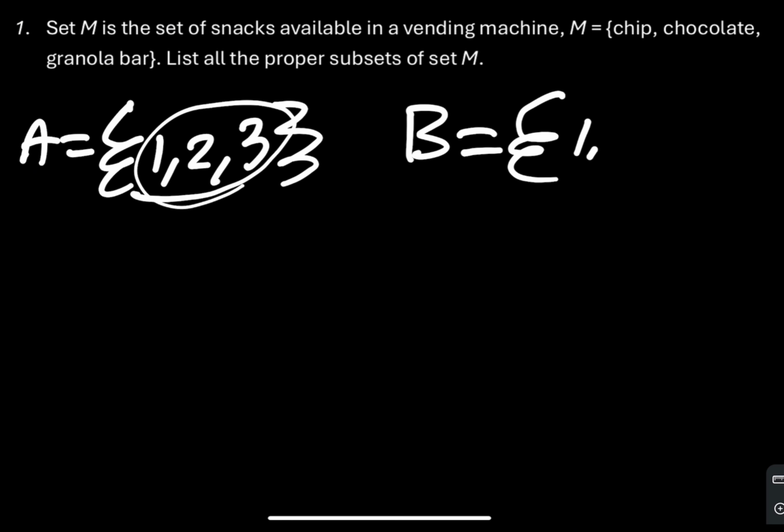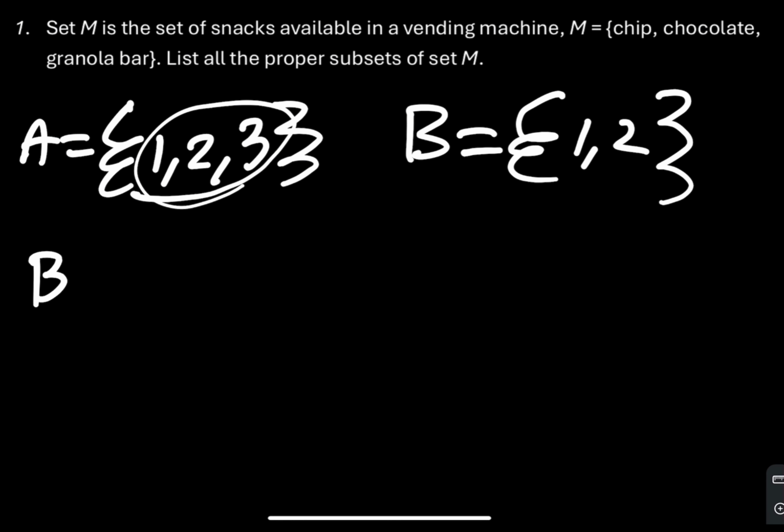So we can do a 1, we can do 1 by itself, we can do 2, but we can't do the exact same set. We can't do 1, 2, and 3 because that's not what a proper subset is. A proper subset is just a piece of a set, not the same exact entire set of the original one.